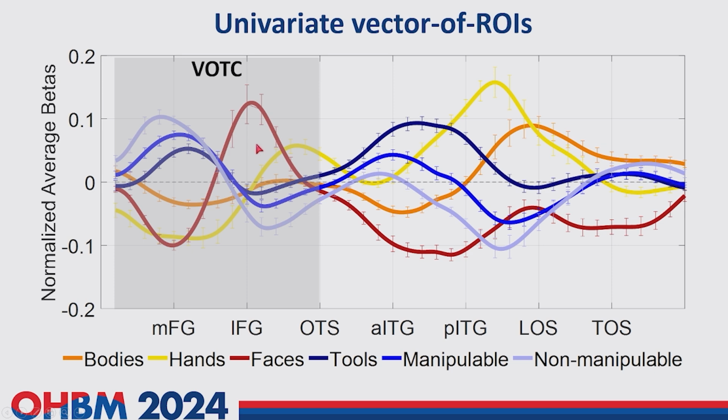Instead, more laterally, we observe the fusiform face area and small but consistent activation for hands. More laterally, so in the lateral OTC, we observe the selectivity for tools, then selectivity for hands, and in some spheres, the two selectivities overlap, and more posterior, we see in orange the activation for bodies.